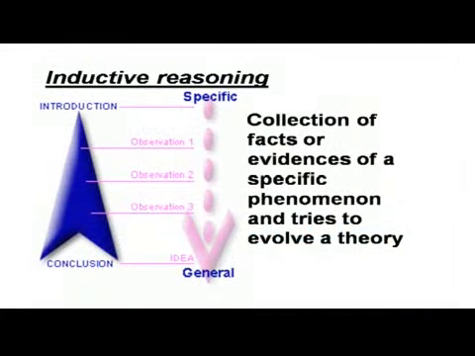Inductive reasoning refers to developing a theory to explain specific facts. That is, it begins with the collection of facts or evidence of a specific phenomenon and tries to evolve a theory. For example, the theory of suicide is a form of inductive reasoning.